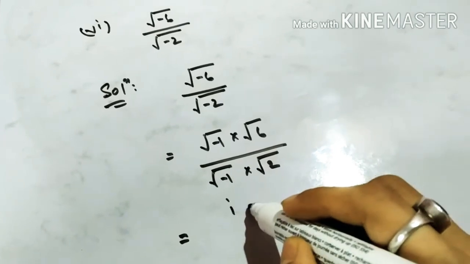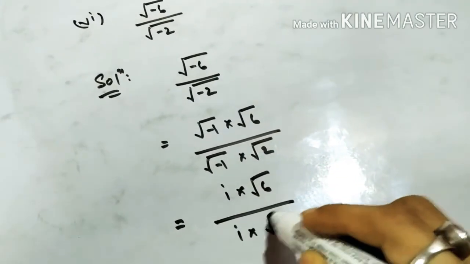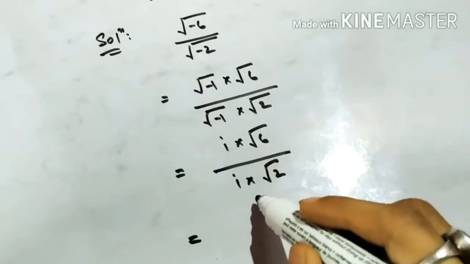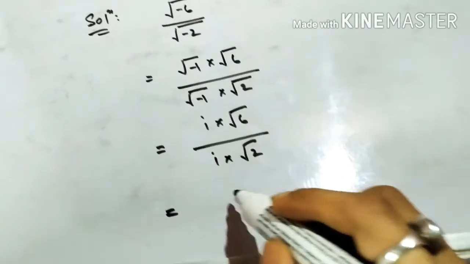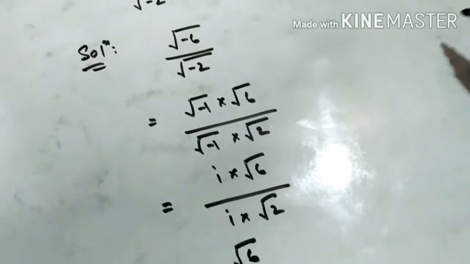This is i into root over 6 by i into root over 2, which I will get root 6 by root 2.